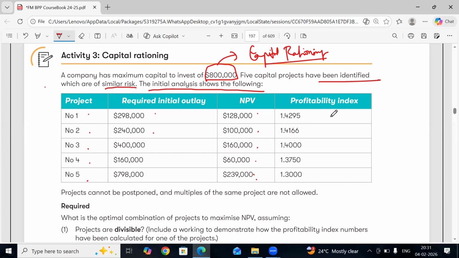Profitability index. How are you going to find out the profitability index? You're going to take the NPV. NPV is the difference of inflow and outflow.